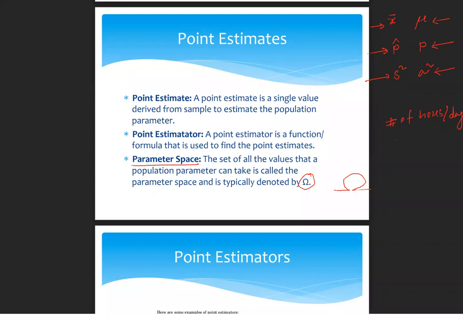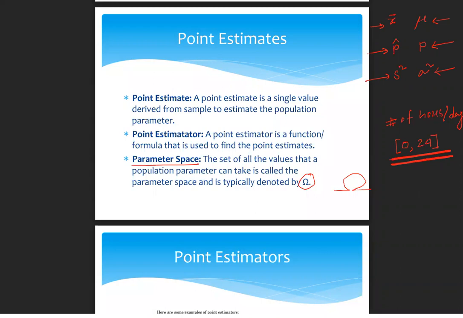As you know, the range for this mu is going to be as low as 0 or as high as 24, because there are 24 hours in a day. So your parameter space is going to be this interval, 0 to 24. Even if you wanted, you couldn't study more than 24 hours in a day. Even if you wanted, you couldn't study less than 0 hours a day. It has to be in between these. Okay, so this is the parameter space for the mean.